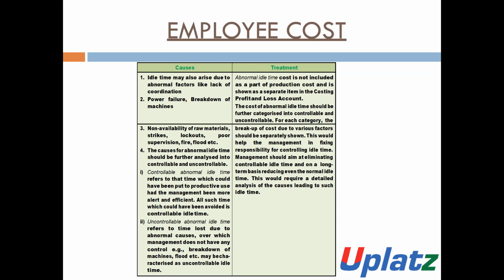In this case, the abnormal idle time cost is not included as a part of production cost, and it is shown as a separate item in the costing profit and loss account.